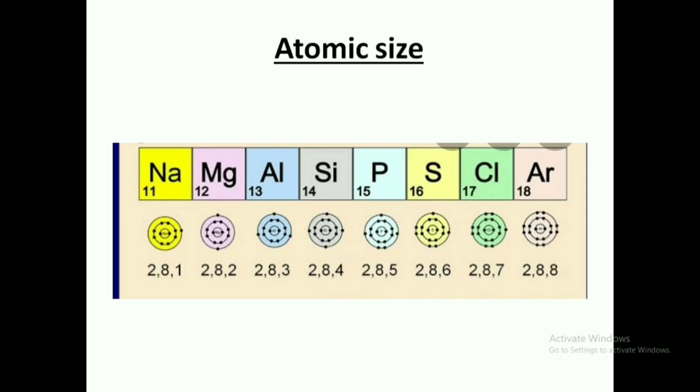Since 1 new electron is added, the nuclear charge also increases from left to right, so the attraction of the nucleus on the valence shell also increases. For that reason, atomic size decreases from left to right.